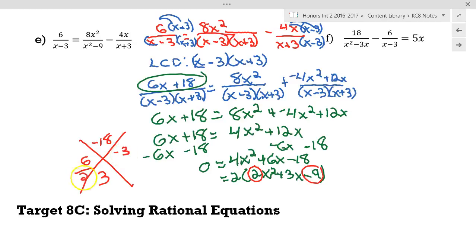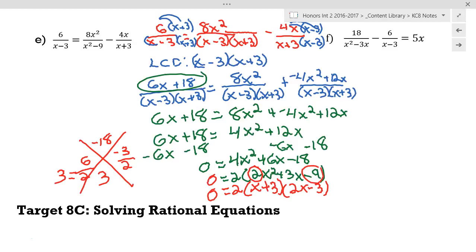And then I need to divide by that same 2 that I multiplied by. So 6 over 2 equals 3. Negative 3 over 2 doesn't simplify. So I have 2 times x plus 3 times 2x minus 3. This is still equal to 0.